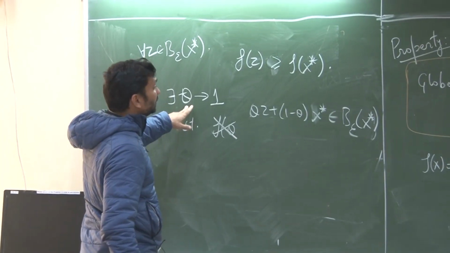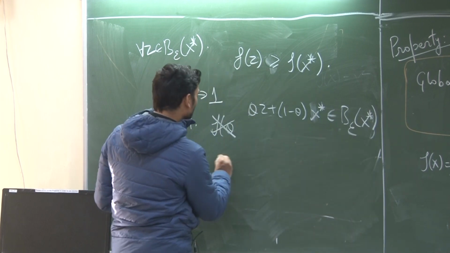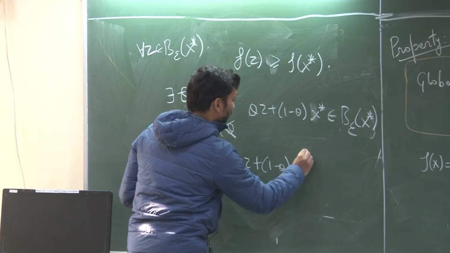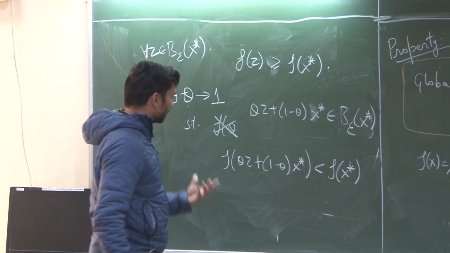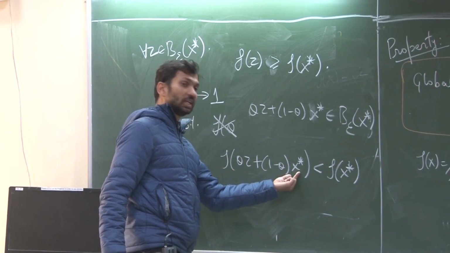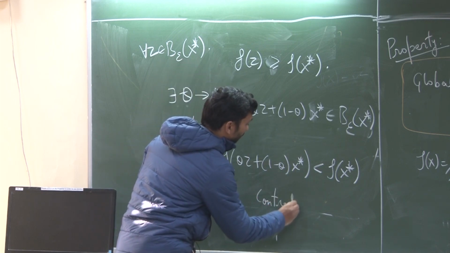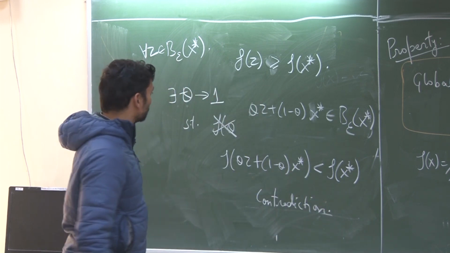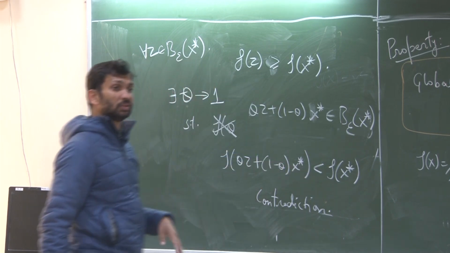So then there exists a theta such that this is part of B epsilon x star, but from that equation I know this is again because of convexity property and the fact that f of z is strictly less than f x star, but this is a contradiction. This point was supposed to be bigger, but this is smaller.